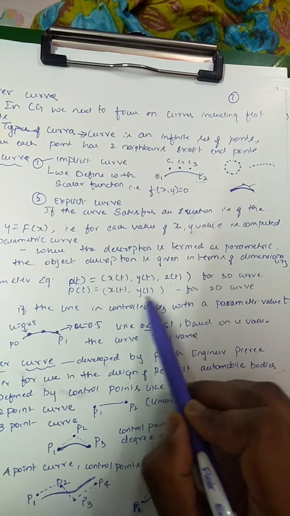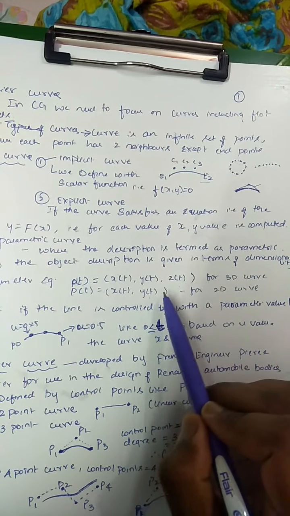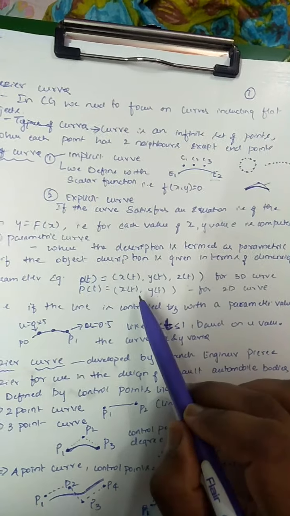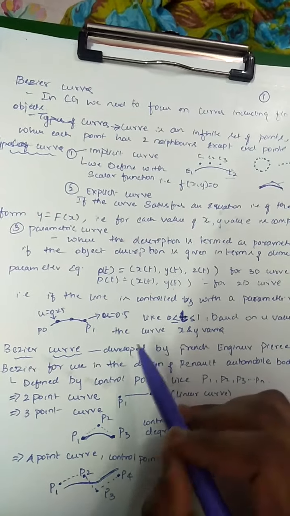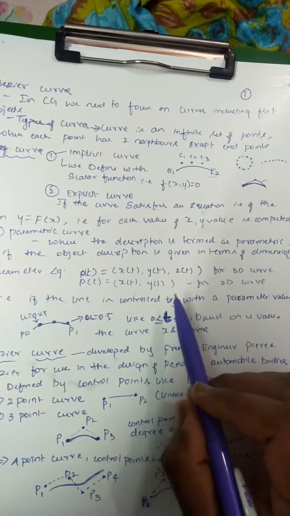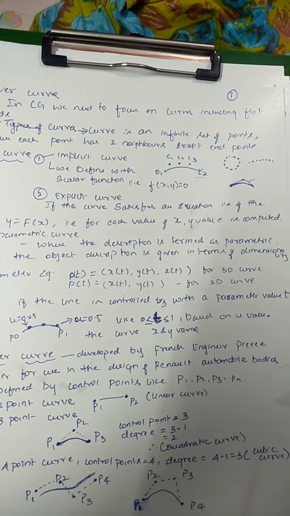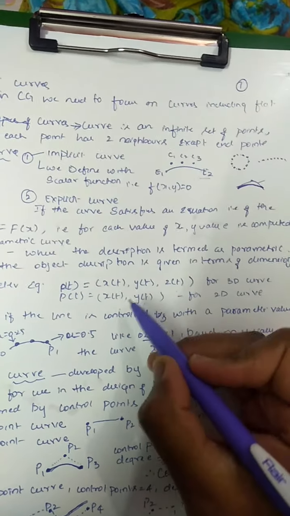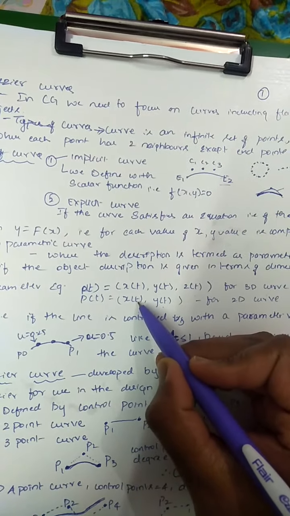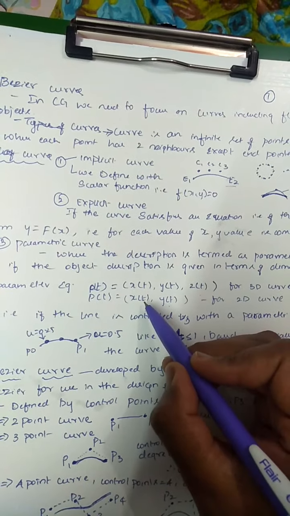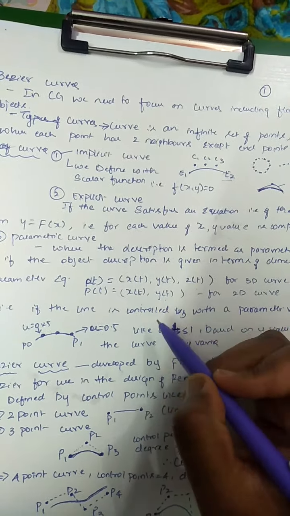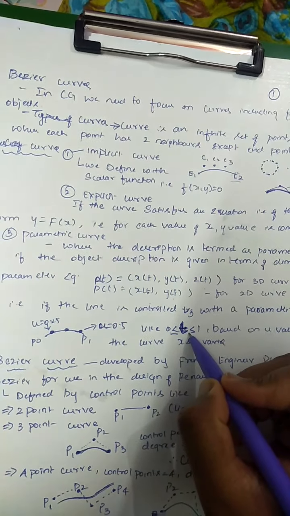If this is given in terms of dimensionality parameters, we call such curves parametric curves. Here the line is controlled by a parametric value, which is nothing but t. Means on altering the value of t, the x and y value changes. Usually the range that this t value falls in is between 0 and 1.